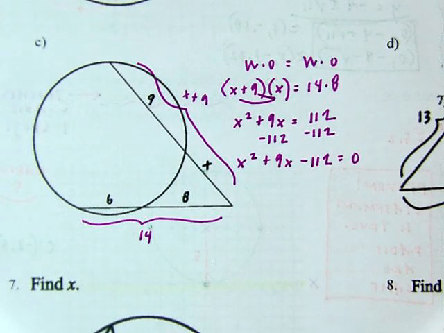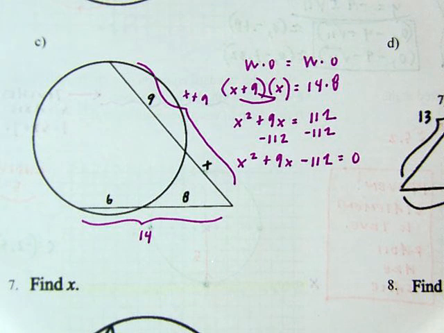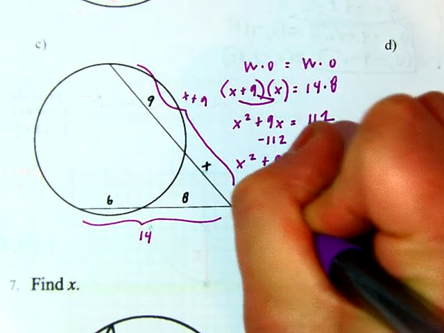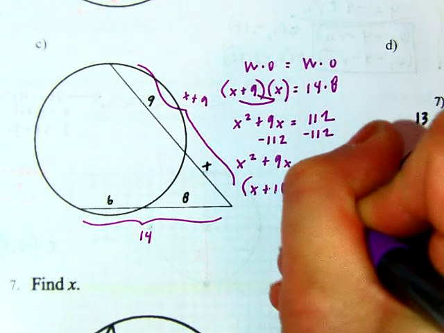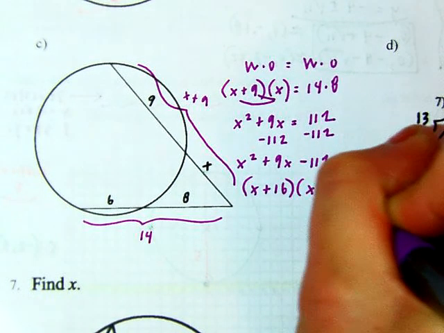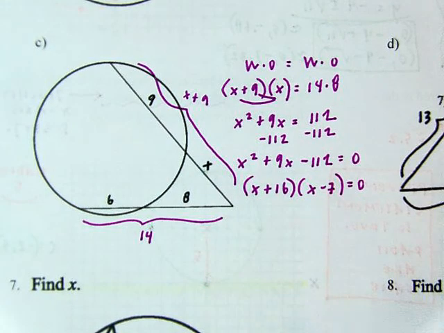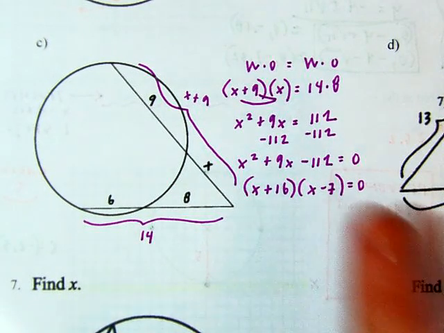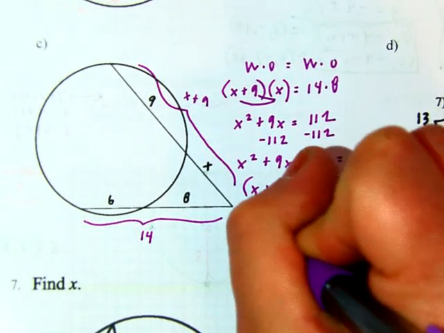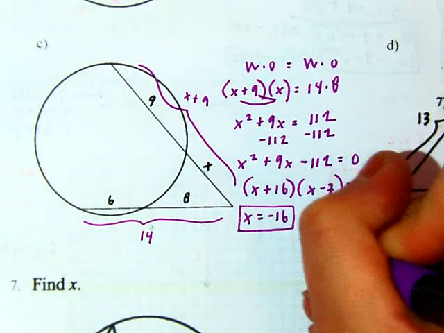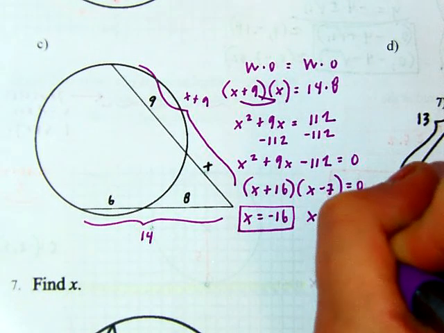So now I'm looking for 2 numbers that multiply to a negative 112 that add to a positive 9. So that's got to be 16 and negative 7. So x plus 16 and x minus 7 equal to 0. And then I take each factor and make it equal to 0. I solve, and I get that x equals negative 16 and x equals 7.